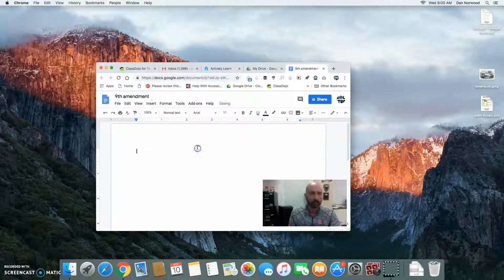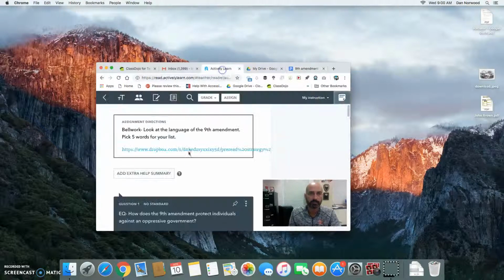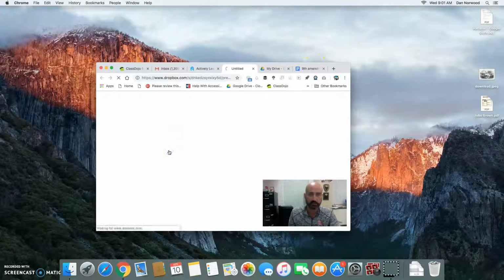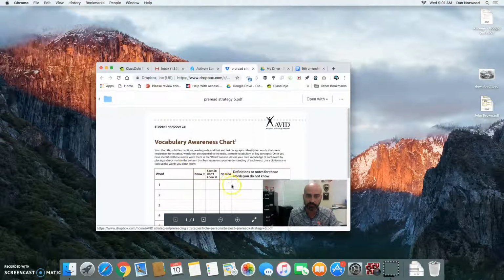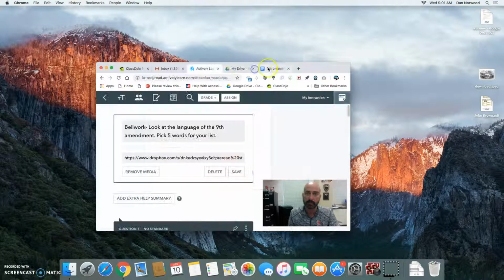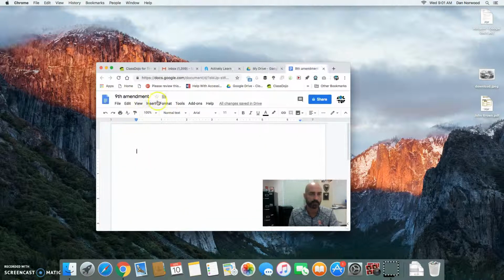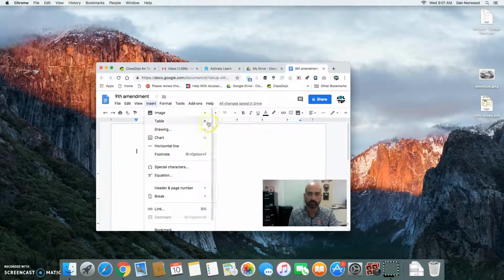Okay. All right. And for today, I want you to do the vocabulary awareness chart as your bell ringer like you did the other day. And if you remember, that is this right here. It's word, know it, seen it, no idea, definitions. And if you'll make that chart on your Google Docs, I believe that's a 5x2. All right.